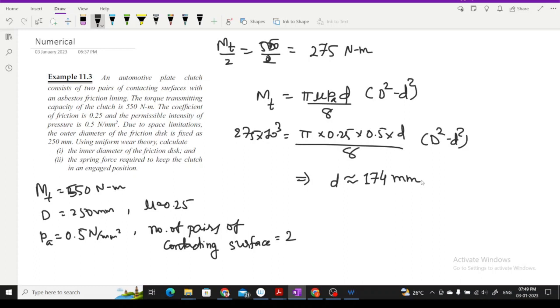Capital D you have as 250 mm. So you will have a cubic equation in terms of this small d.